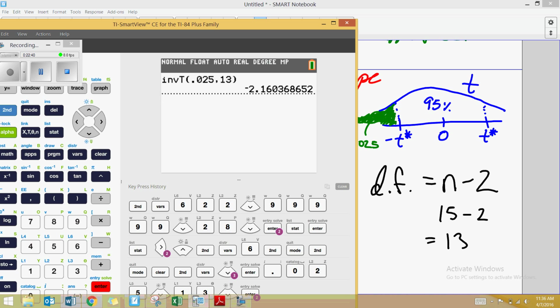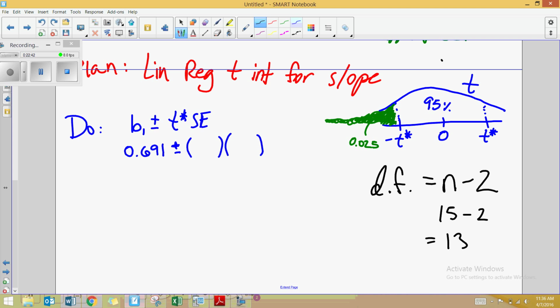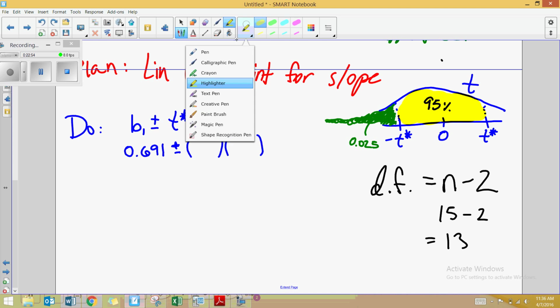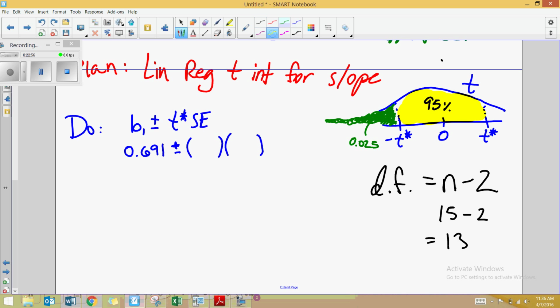Okay, so it looks like it's 2.16 in both directions. So in order to capture, again, just the ultimate goal here, I wanted to capture this middle 95%. And in order to do that, I had to go out 2.16 in this direction and 2.16 in that direction.